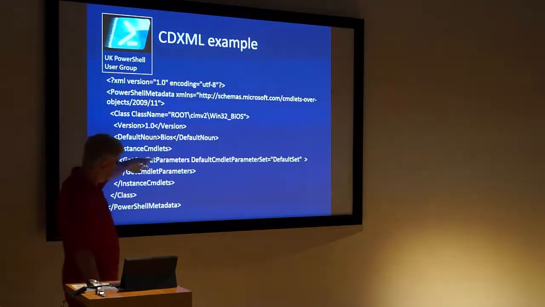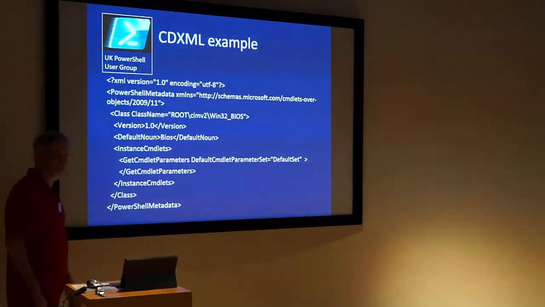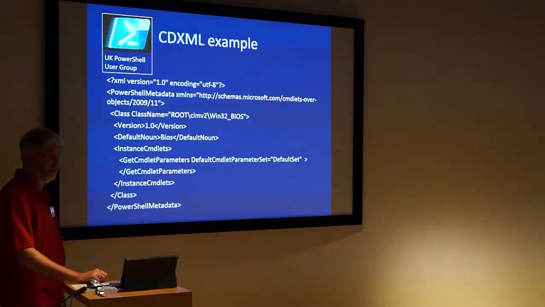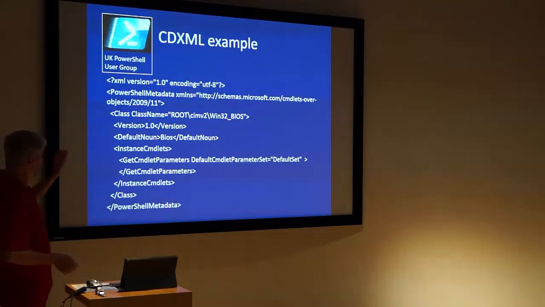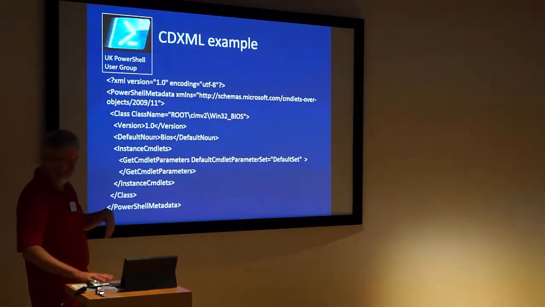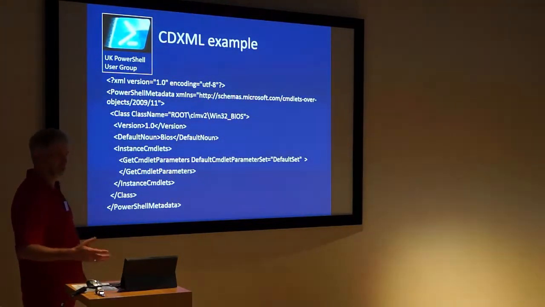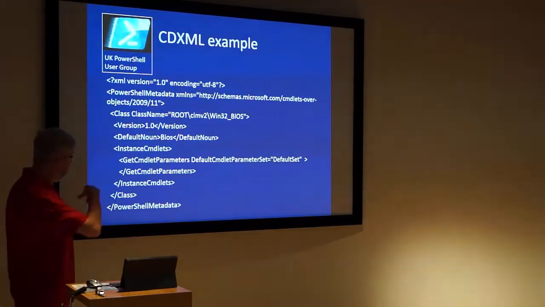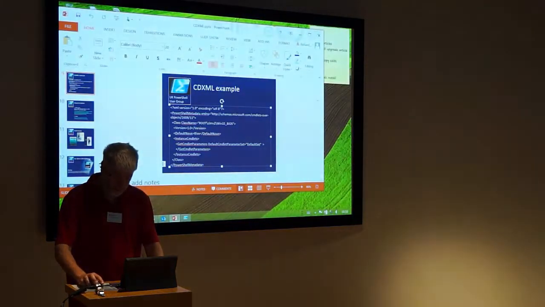So the Get cmdlet parameters, default parameter set, that will just generate the Get cmdlet for you in this simple case. We'll get a little bit more clever as we go through, because you can actually put filtering parameters in here. So you can filter on name, or we're running through the service class, so you can filter on name or state or display name or other things. But I'll show you how this gets a little bit more complicated in the next demo.